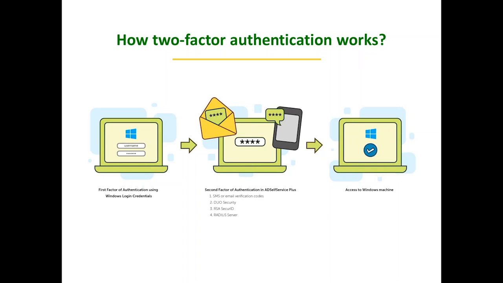We all have to come to terms with the fact that passwords are not enough. And it is very advisable and also extremely secure to have a secondary factor of authentication for every single Windows machine, for all the systems in your organization, if you have a Windows server system in place.